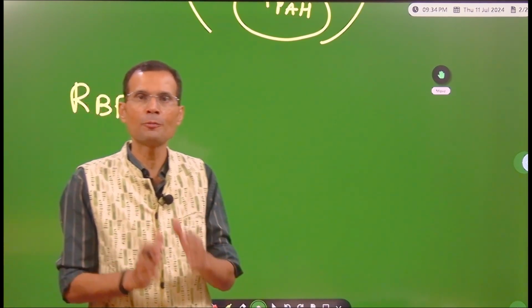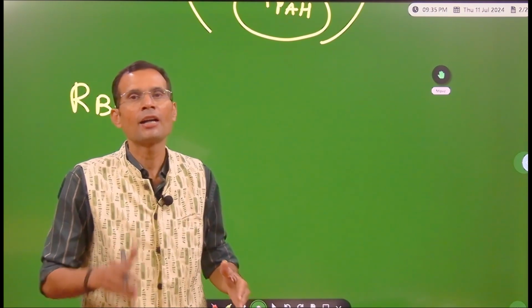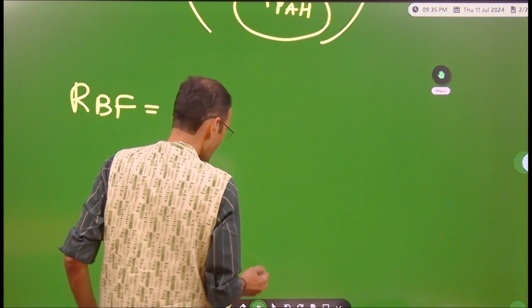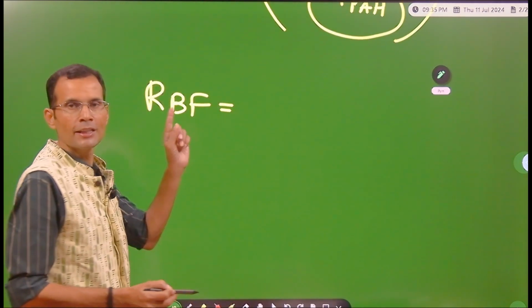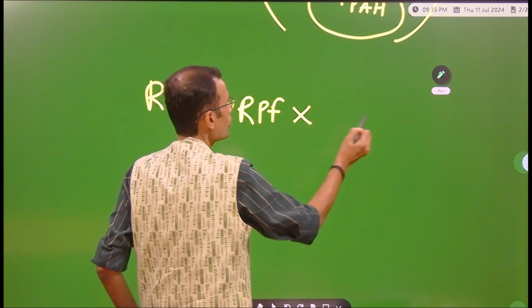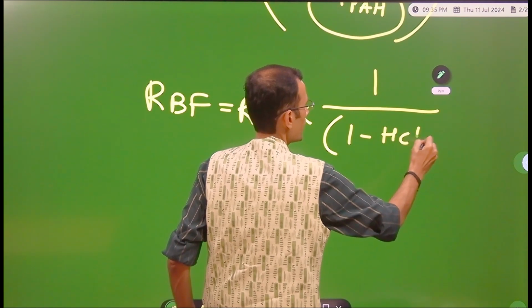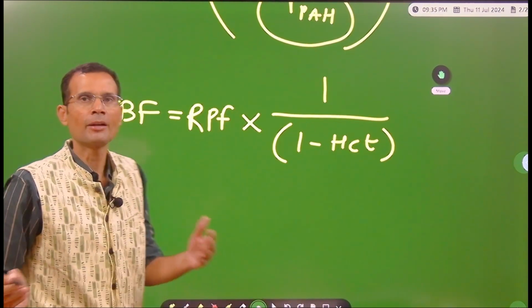Of any unit quantity of blood, 45% volume is hematocrit or cells and 55% volume is plasma. So the difference between whole blood and the plasma is hematocrit, and therefore renal blood flow is equal to renal plasma flow into 1 upon 1 minus hematocrit, or 100 upon 100 minus hematocrit.